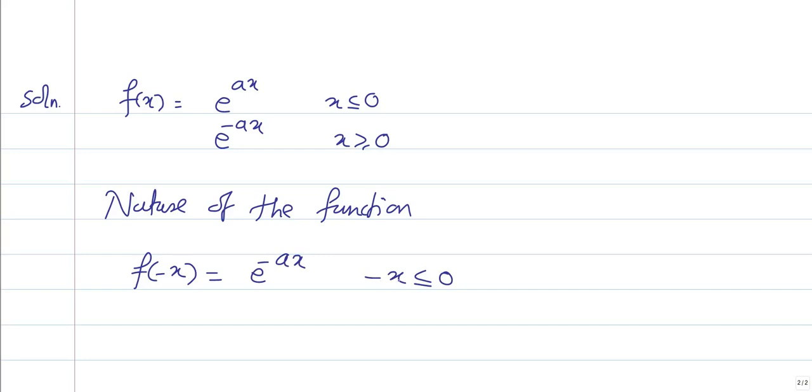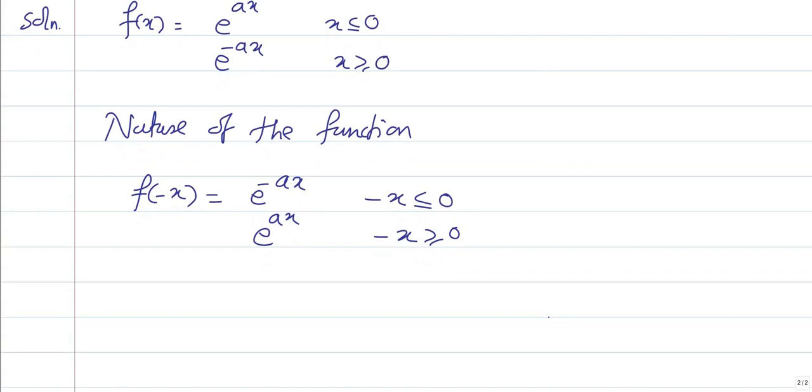In the interval also we have to replace x by minus x, and it is e raised to ax for minus x greater than or equal to 0, which is the same as, now you can see here minus x is less than or equal to 0, so this is e raised to minus ax for x greater than or equal to 0, and it is e raised to ax for x less than or equal to 0. So you can observe here this is the same as the original function.